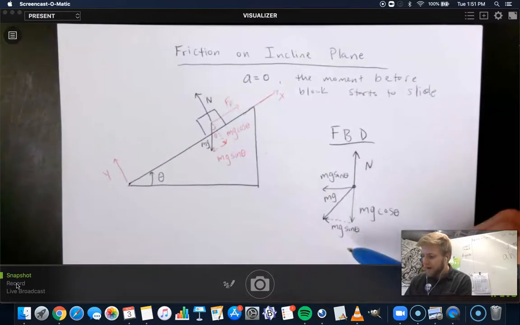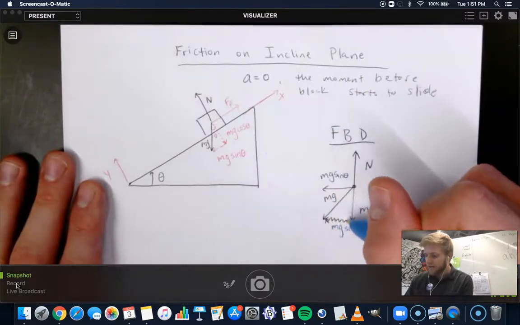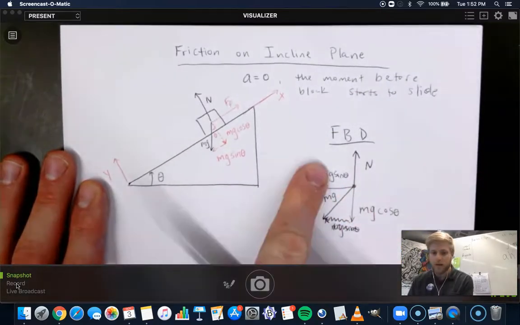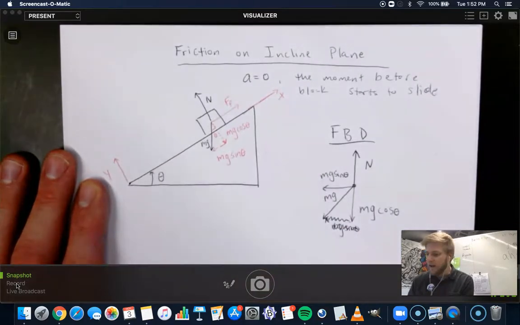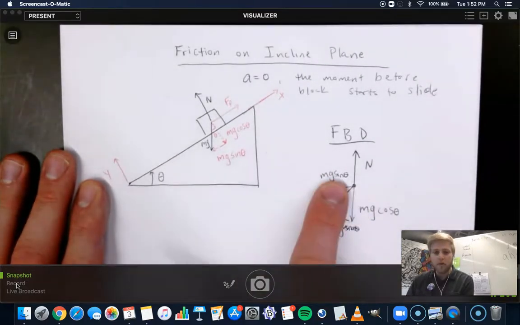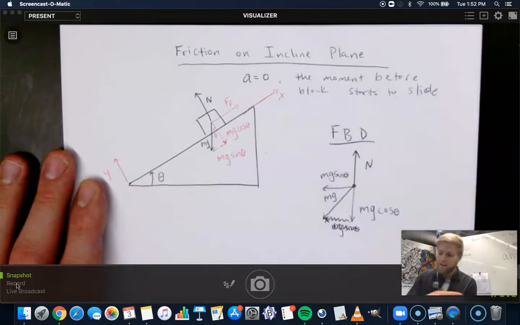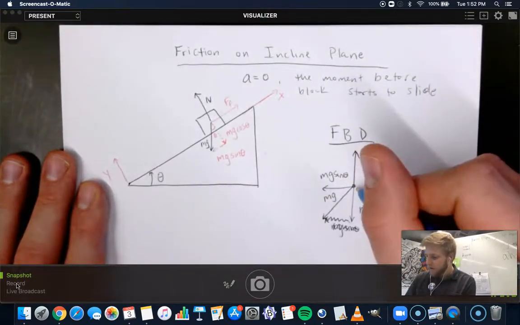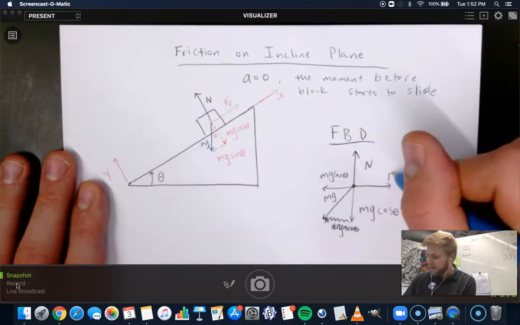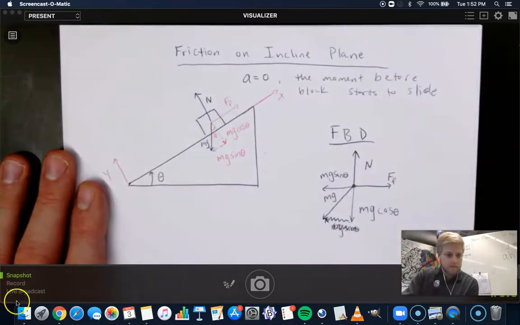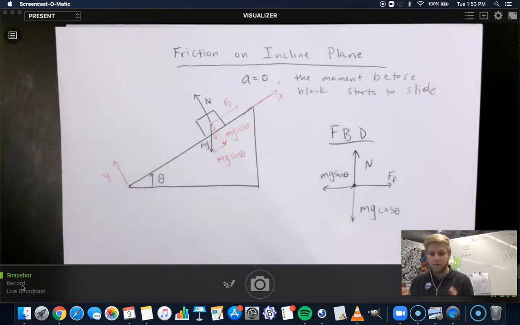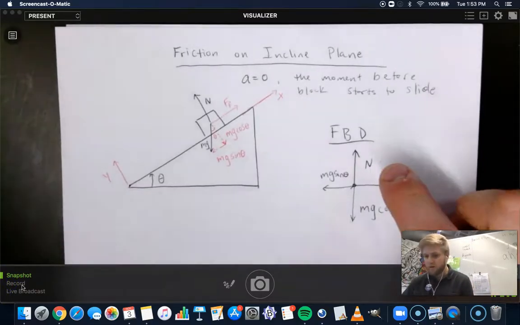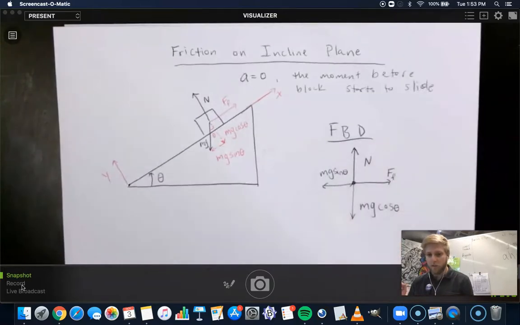And for right now, I'm just going to scratch that out, but that's where it came from. I just moved it up there. And then the force that's opposing the weight pushing down the incline, that's what mg sine theta is. That's the weight acting down the incline. That will, of course, be our static friction force. For visual clarity, I've gotten rid of those extraneous marks that we had. All we want here are the forces in the x and in the y direction.